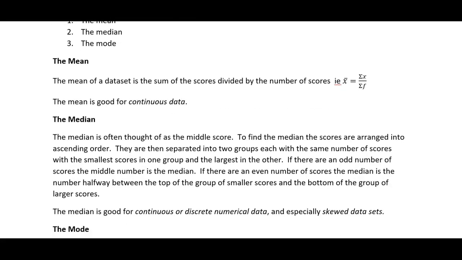The median, like the median strip or even a medial ligament in your knee, is in the middle. It's the middle score, perhaps. But if you've got an even number of scores, you don't have a middle score, and sometimes we say it's the average of the two scores closest to the middle. Really important that you put your data in ascending or descending order, that you rank your data, to find the median.